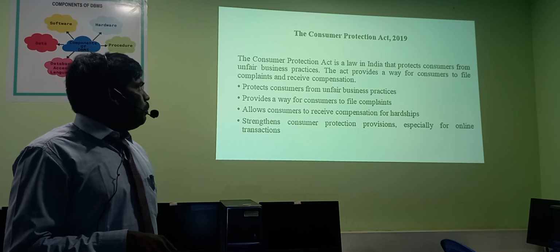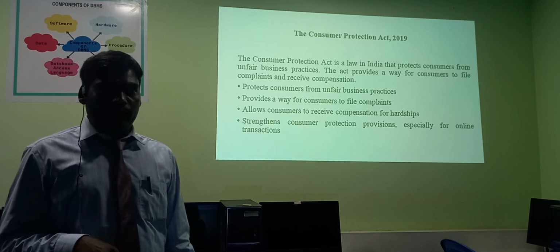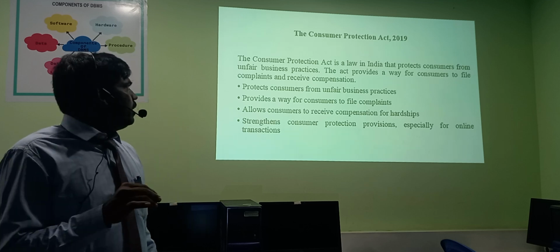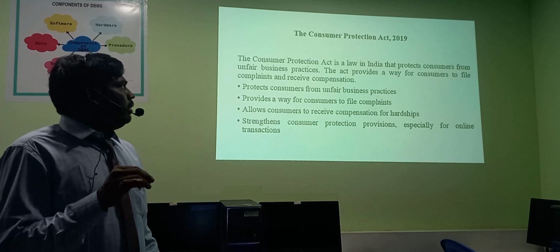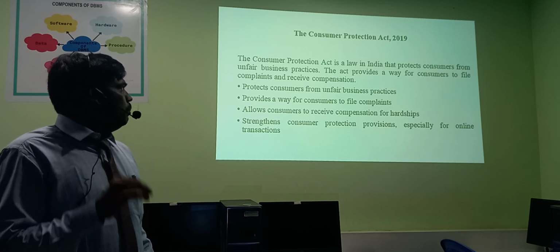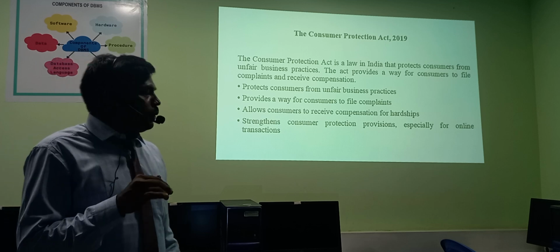Next, the Consumer Protection Act 2019. The main purpose of the Consumer Protection Act is to protect consumers from unfair business practices.